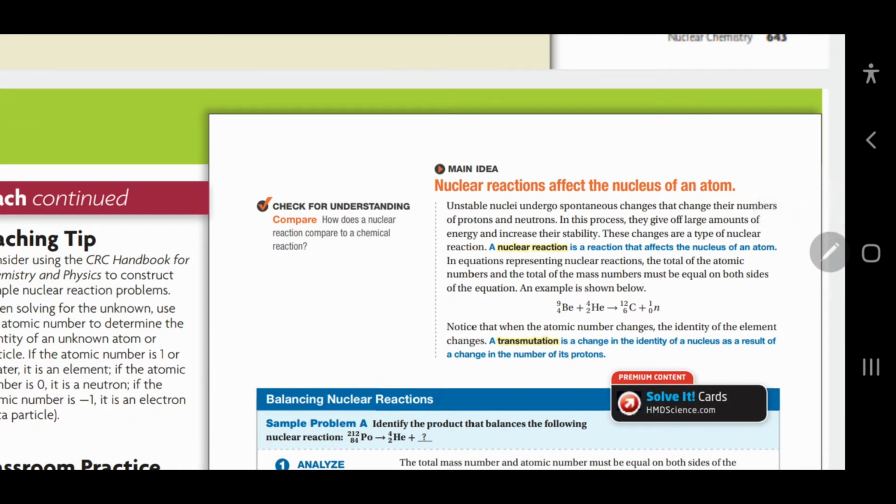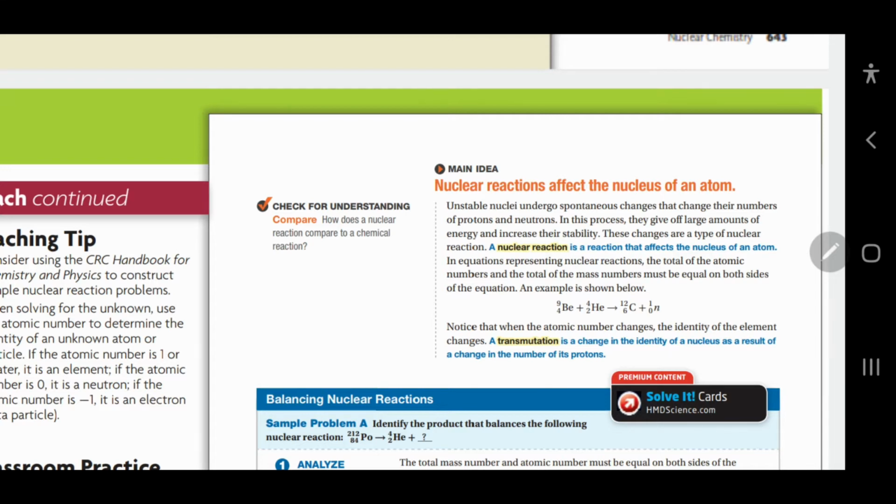And we also discussed that the nuclear reaction affects the nucleus of the atom. So here we aren't talking about moving of electrons, but we are talking about a type of transmutation, which is a change in identity of a nucleus as a result of the change in its number of protons.